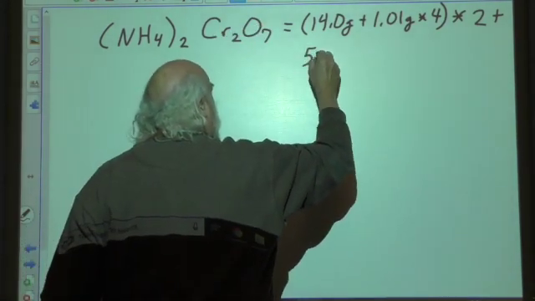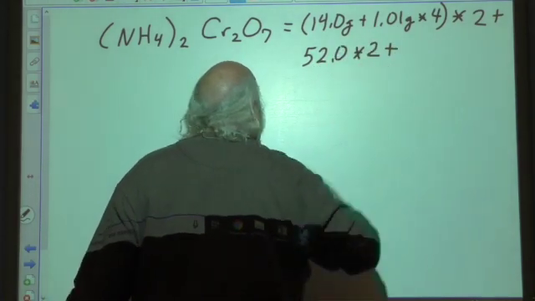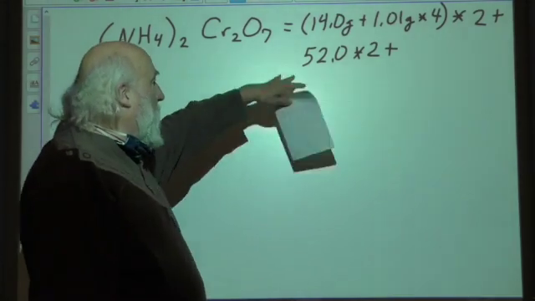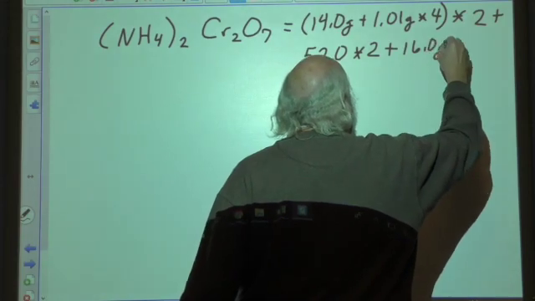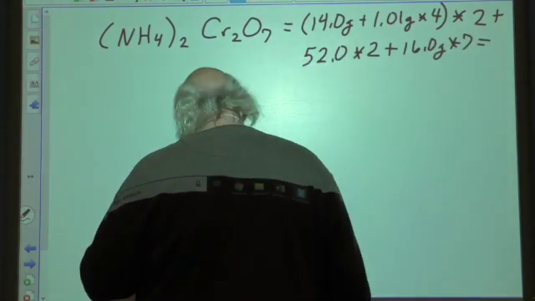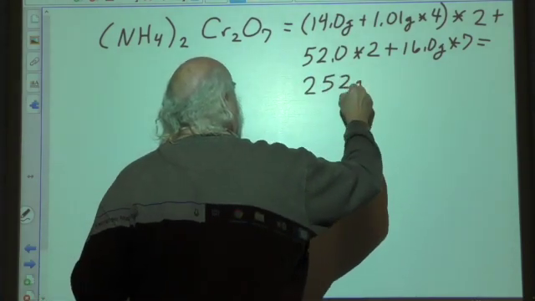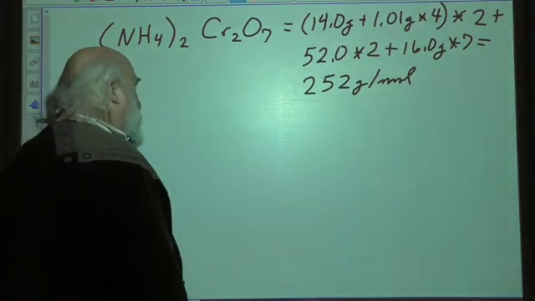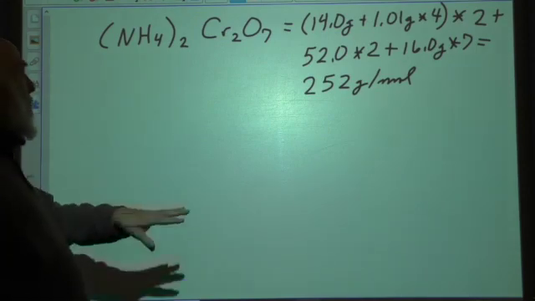Chromium is 52.0 times 2, plus 7 oxygen, so oxygen times 7. Oxygen is 16.0 grams times 7, and when the smoke clears, we get a total mass of 252 grams per mole.